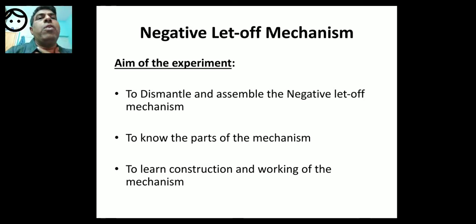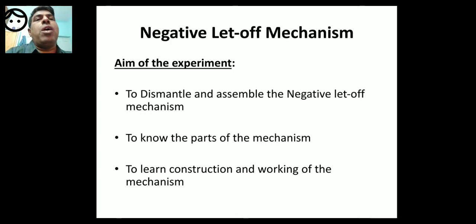So we are going to study now negative let off mechanism. Now coming to let off mechanism, there are secondary motions. What are the secondary motions? Let off mechanism and take up mechanism are the secondary mechanisms. What are the primary mechanisms?